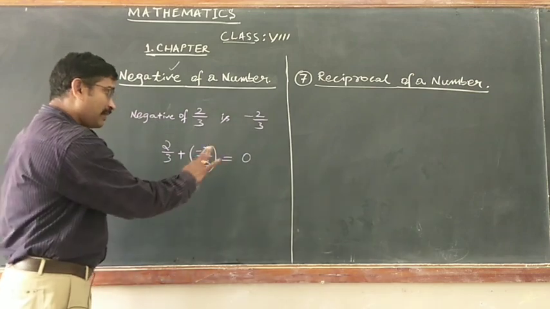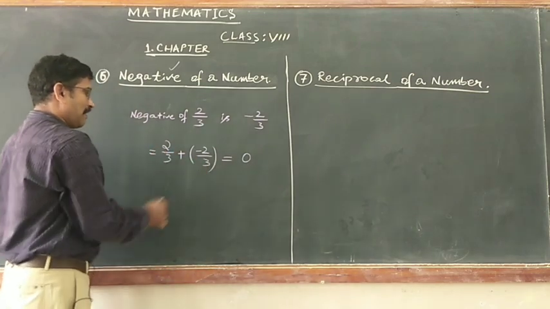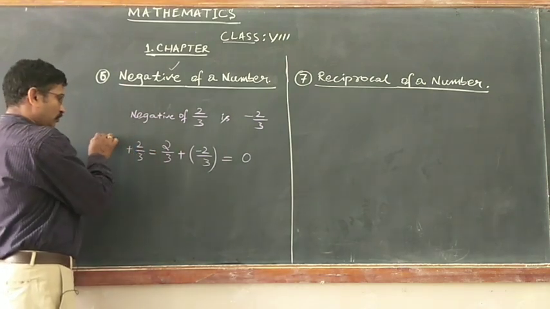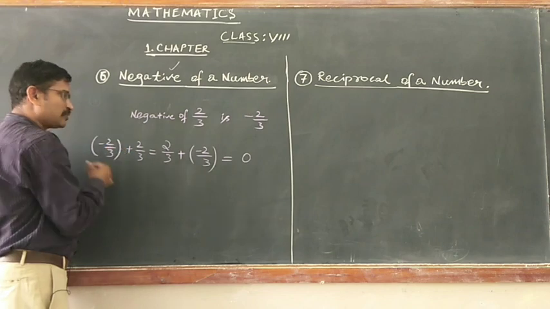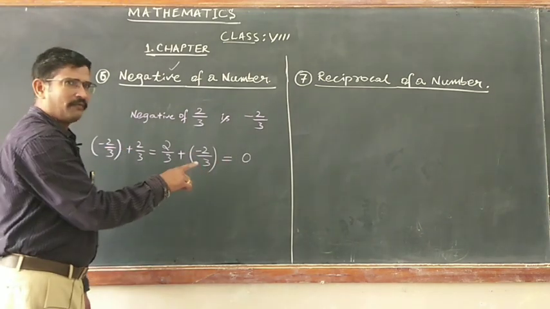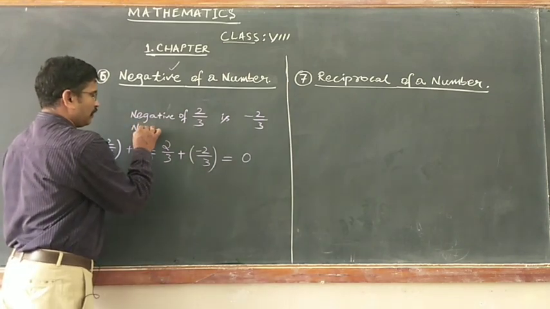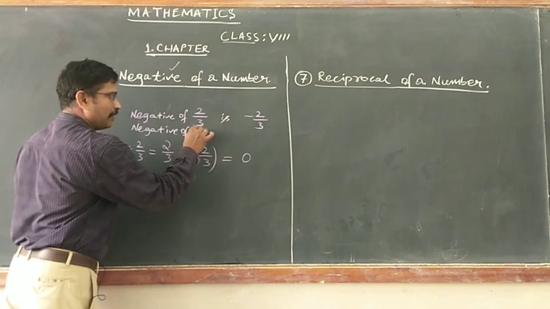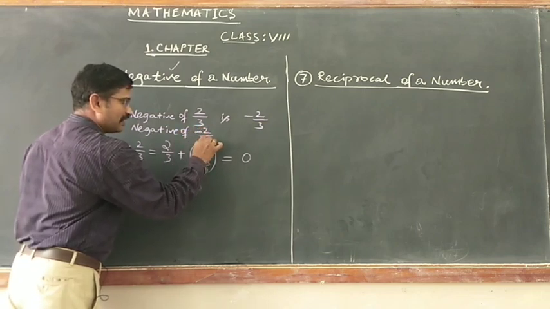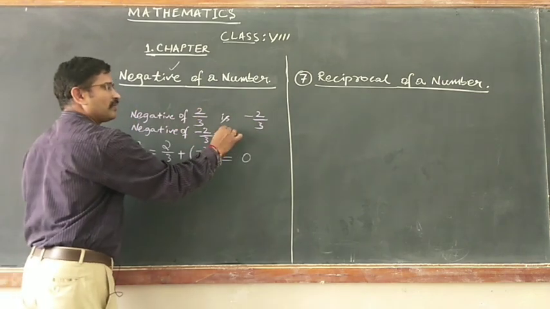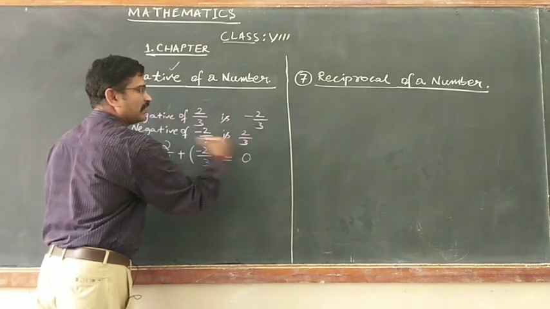So, even when 2 by 3 is added to minus 2 by 3, it also gives 0. What does it mean? In one way I can say negative of minus 2 by 3, negative of this fellow, is 2 by 3.